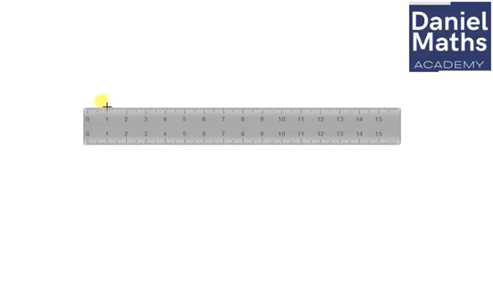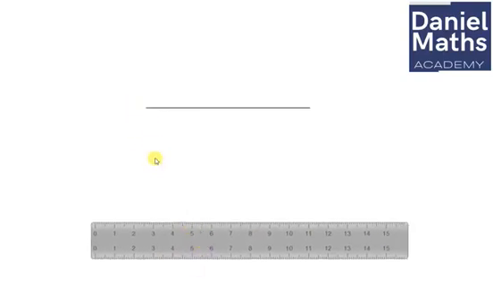I want to center this, so let me start from 3. This is 20, 30 millimeter, 40, 50, 60, 70, 80 millimeter, and then we have 85 here. This is where I'm going to stop. This is my 85.